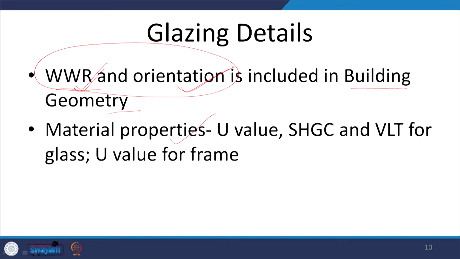While we are talking about material properties, here we will be talking about U value, SHGC and VLT for the glass. We already know about these properties. These properties for the glass, if it is being used, will be selected.